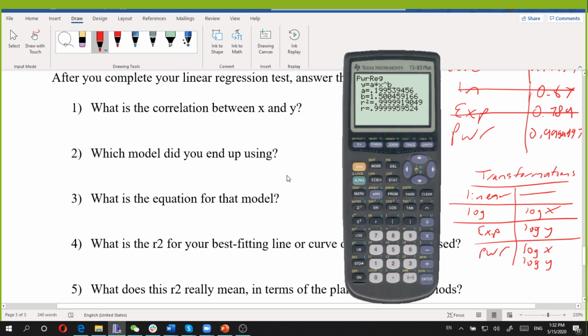so looking at our data and going down the line again, I believe we're on Kelly next. Kelly, what is the correlation between x and y? So is it... Okay, go for it.